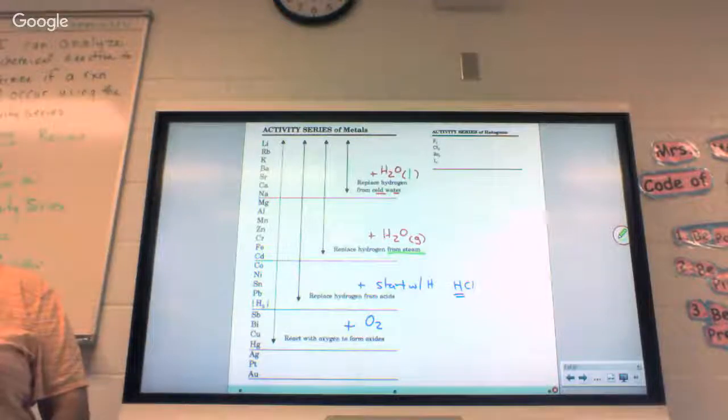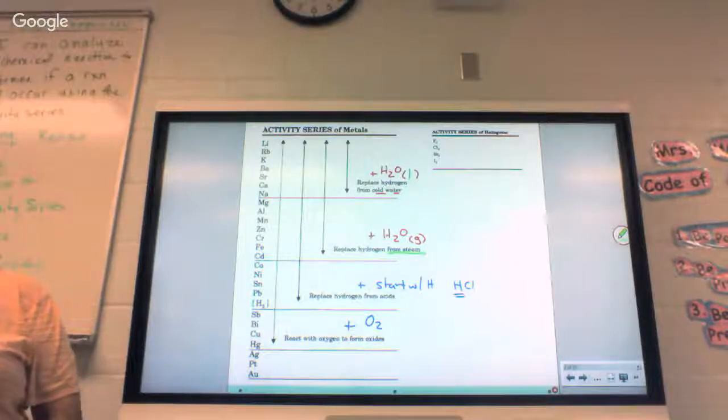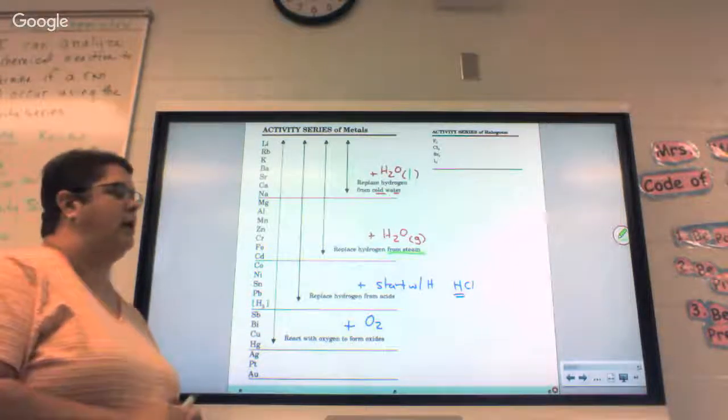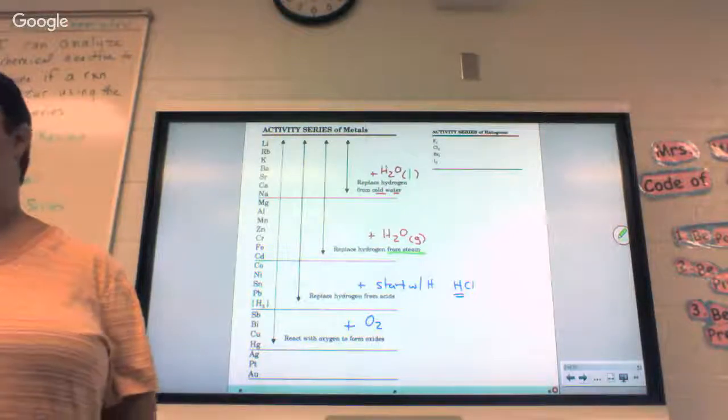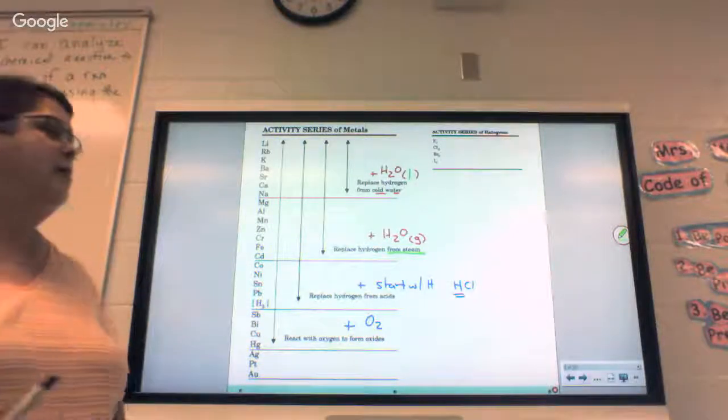I pointed this out yesterday to fourth period, and they said that makes so much sense. They were complaining about memorizing their acids.